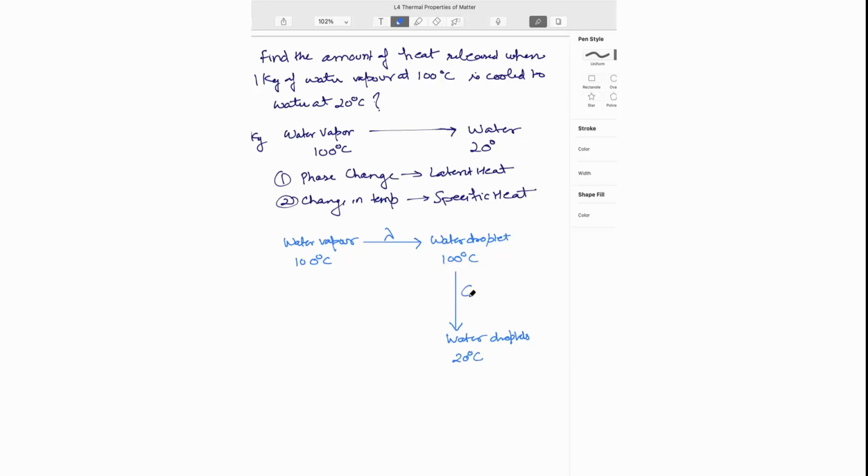The specific heat of water is given as 4.2 joule per gram degree centigrade, and for water vapor, it's not a C, it's actually lambda, that is 2260 joule per gram.